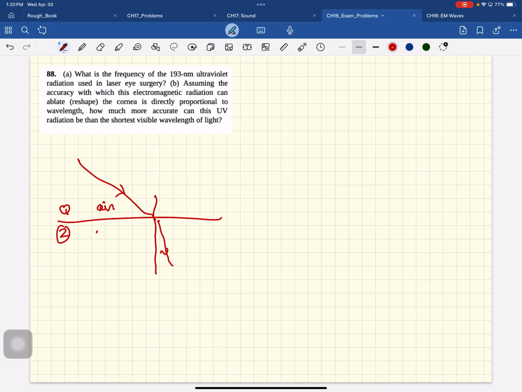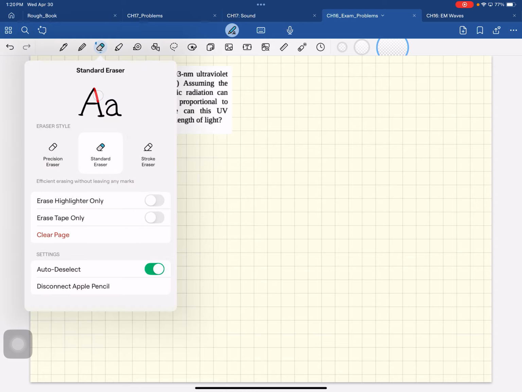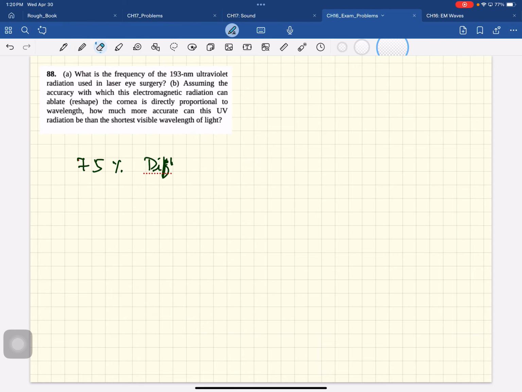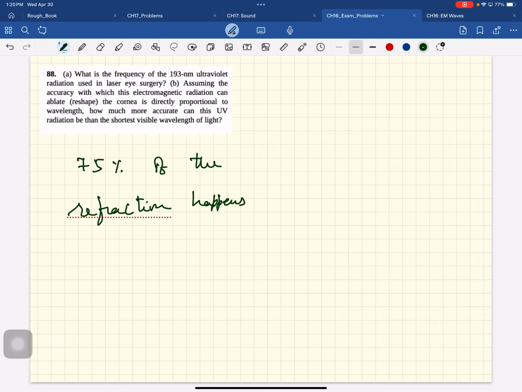In fact, 75% of the refraction happens at the cornea.